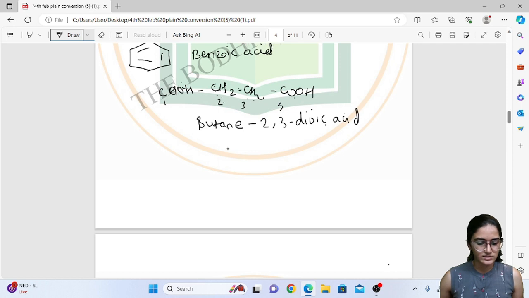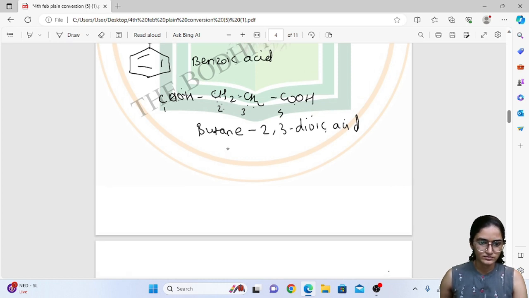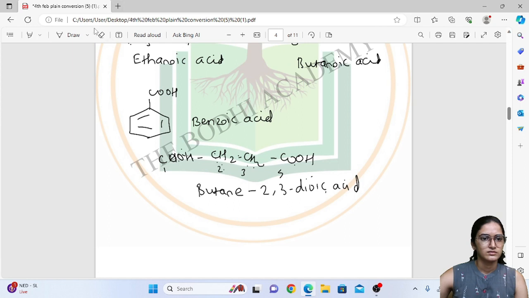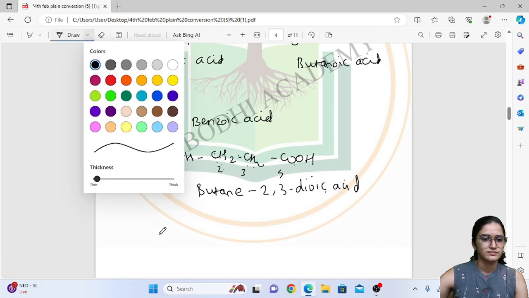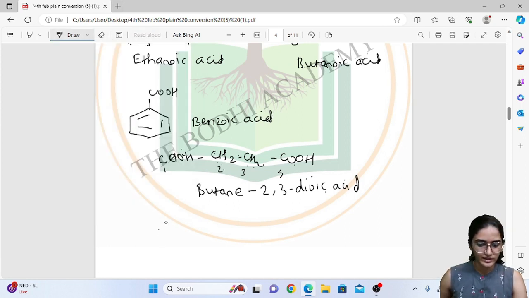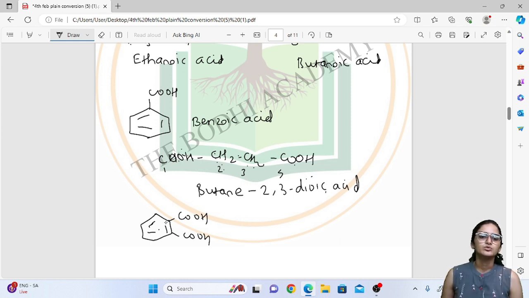And then next we will take example of this. Okay, next is benzene ring. Okay, so this is benzene ring with 2 acidic groups. So here you have to start numbering 1 and 2.